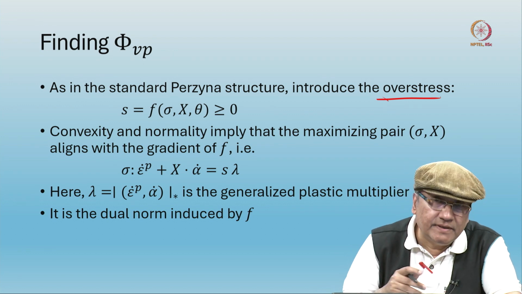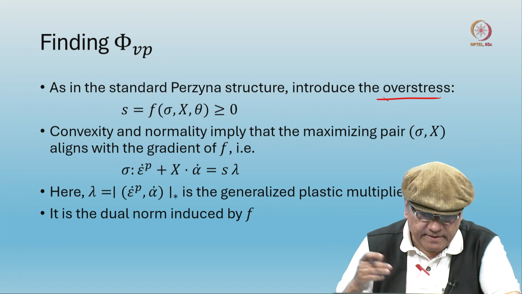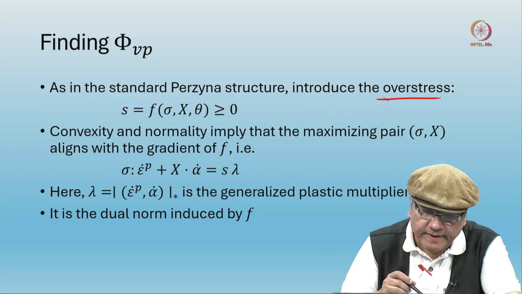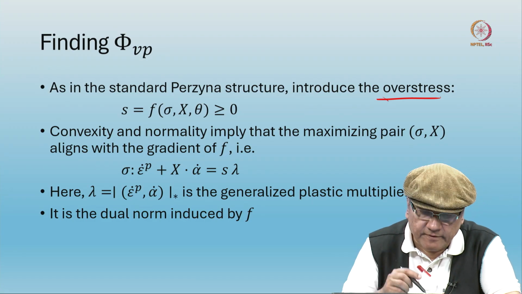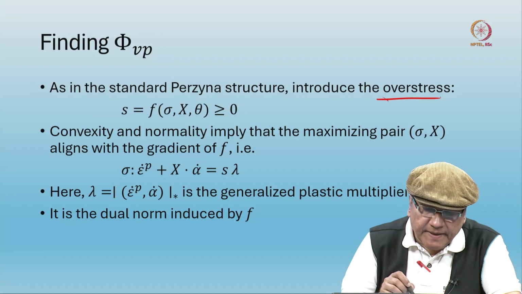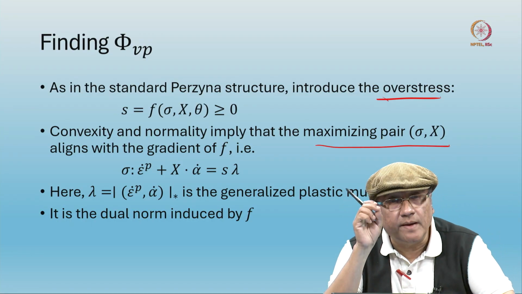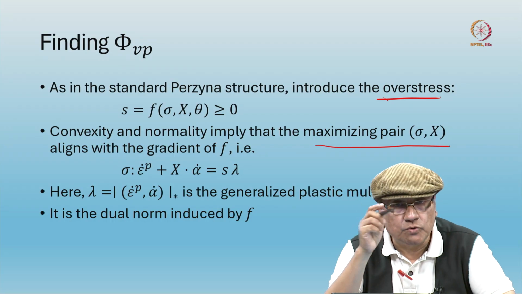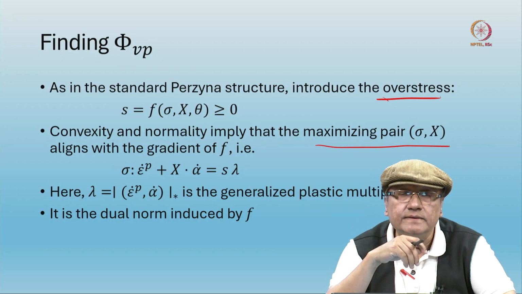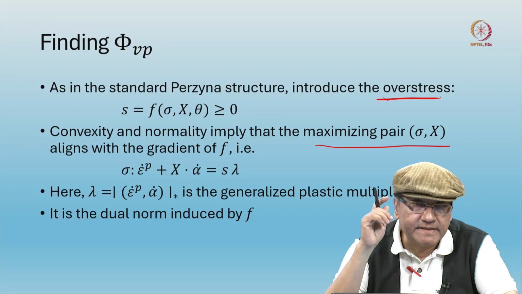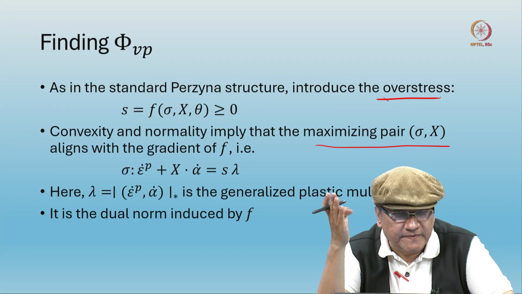So, it is not a rule, it comes automatically due to the property of the gradient, right, being normal to the surface. This implies that the maximizing pairs sigma and x, which appear in the argument of the supremum in the last slide, must align with the gradient of F, right.